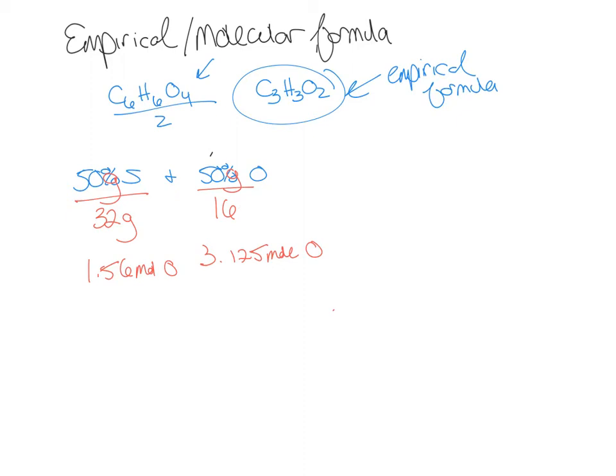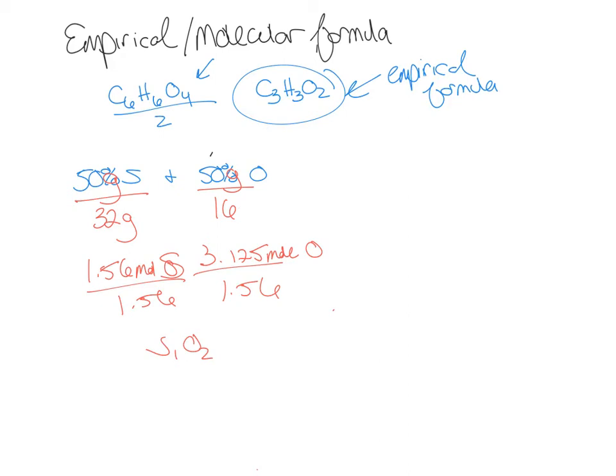Now, I can't have decimals in my subscripts when I write the formula, so the next thing I have to do is, I did percent to mass, mass to mole, divide by small. The smaller one is the sulfur one. The smaller one's the sulfur one, so I'm going to divide them both by 1.56. And I get a ratio of S1O2. So my empirical formula is SO2.